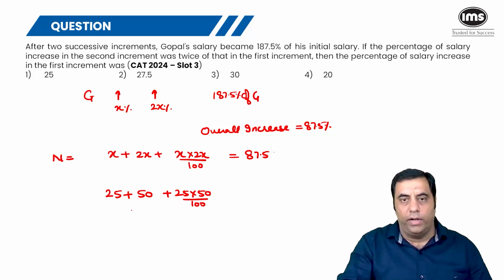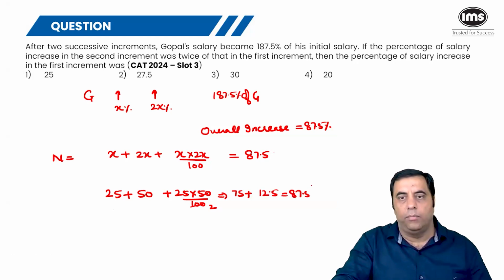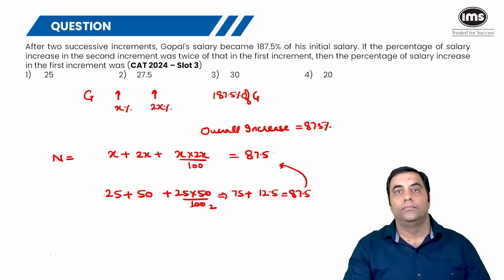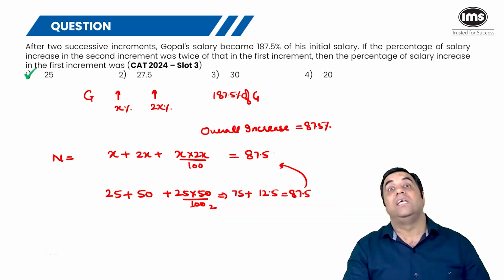And if I solve it, it will come out to be 75 plus 12.5, which is equal to 87.5, which is the desired value. So therefore, the answer to this question is 25%.